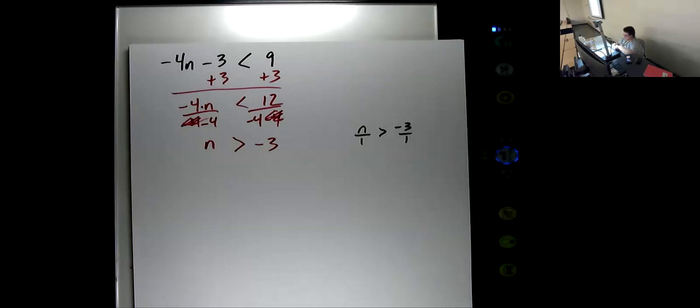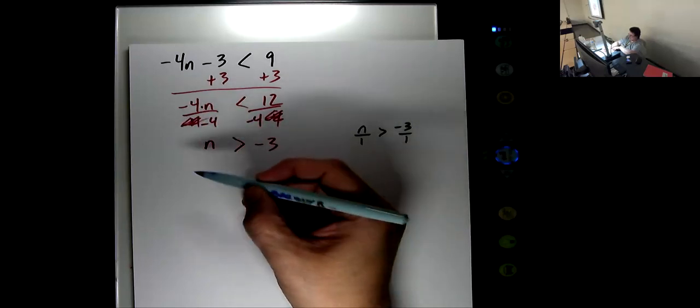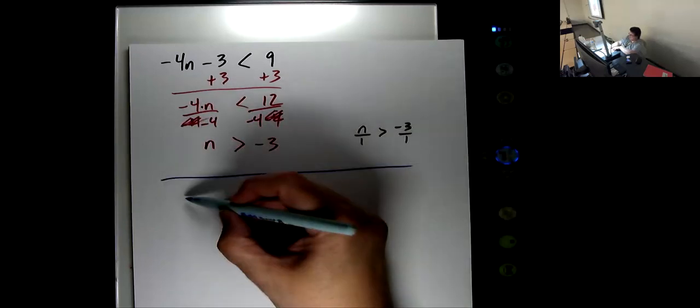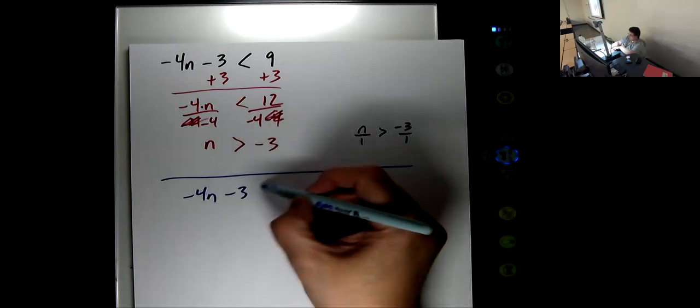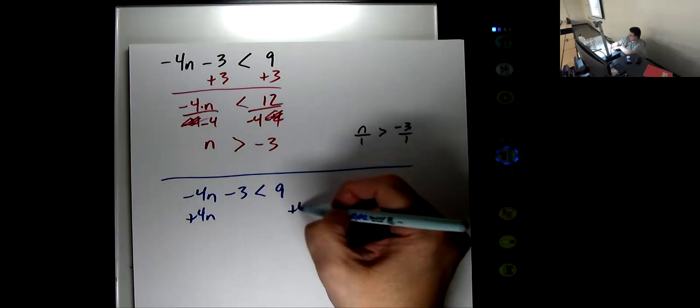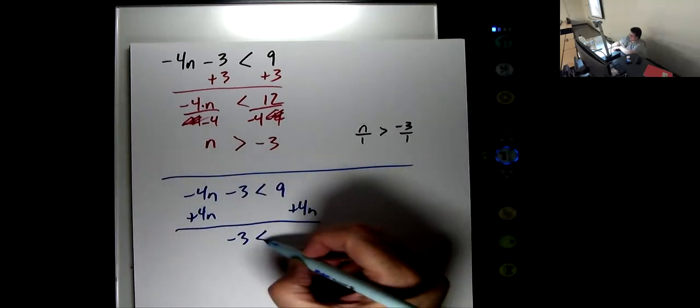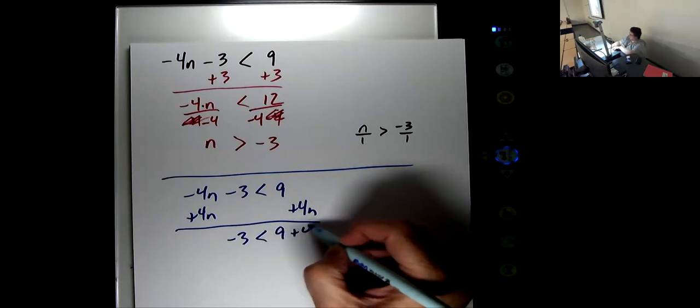Another way of doing this, since it's easy to forget the negative and what's going on, is to add 4n to both sides. And I get -3 is less than 9 plus 4n.